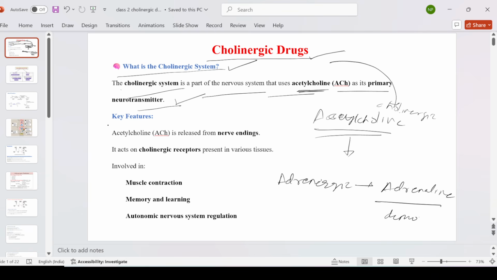Now we will see about the key features of this cholinergic drugs or cholinergic system. So here acetylcholine is released from the nerve ending. So we know this is neuron.